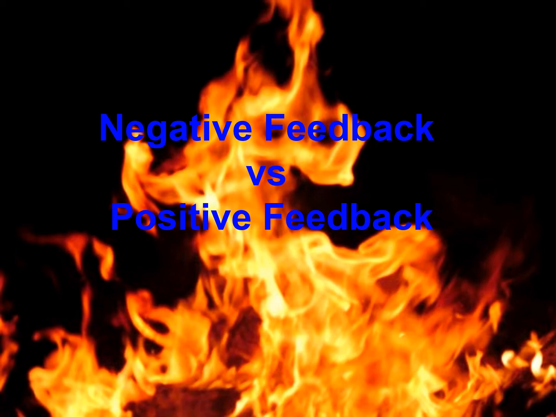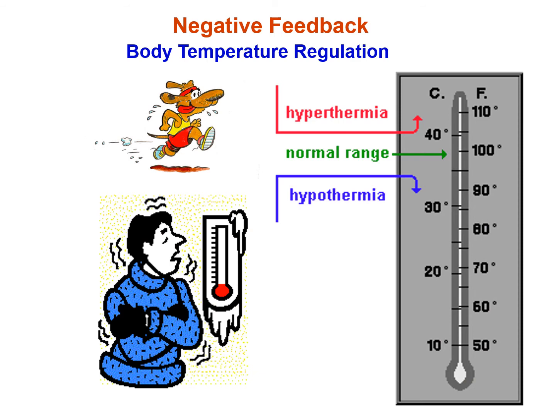Your body does the same thing in a negative feedback. One hormone will turn something on, and when you reach the desired effect, another hormone will turn it off. That gives your body a chance to take a break. And again, 99% of the time, your body is doing negative feedback. So this is an example of keeping our body temperature the same.